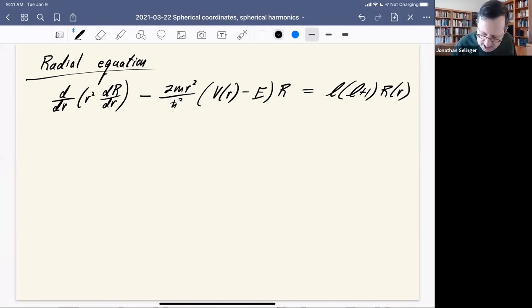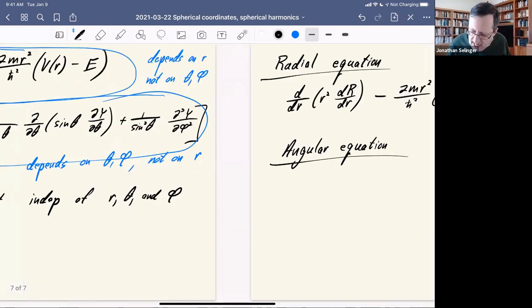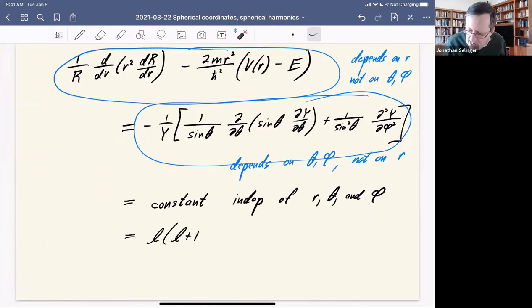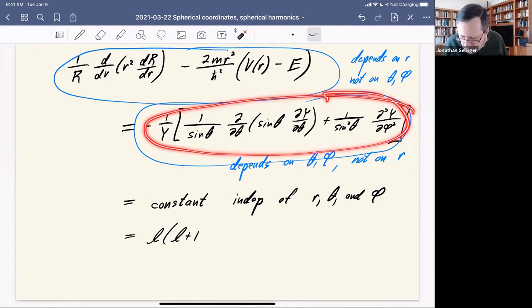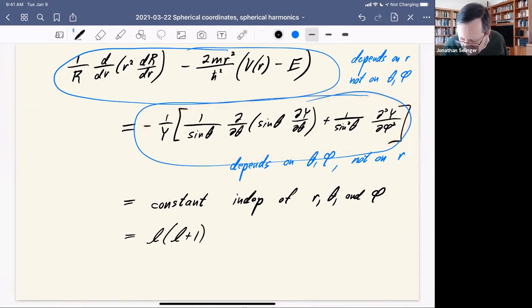And then there's the angular equation. So the angular equation is that all of this stuff is equal to L times (L plus 1), and again, we'll multiply through by the capital Y function. I guess I'll also multiply through by sine squared theta.